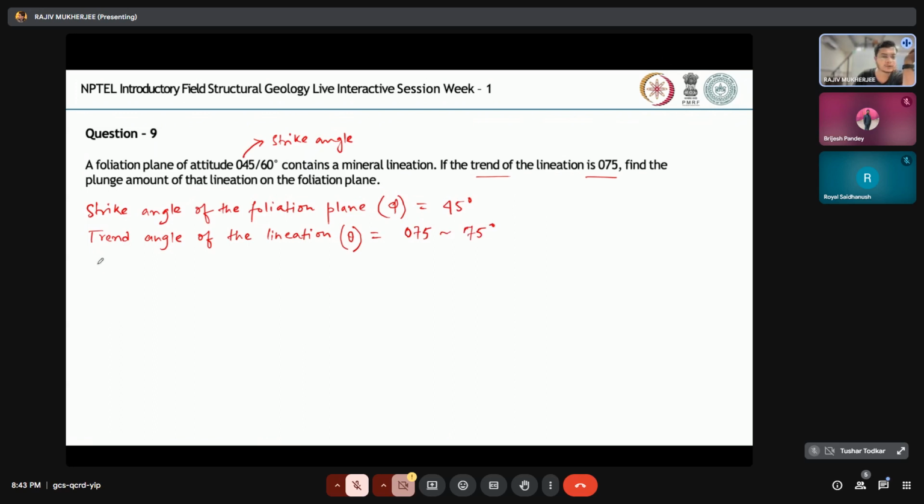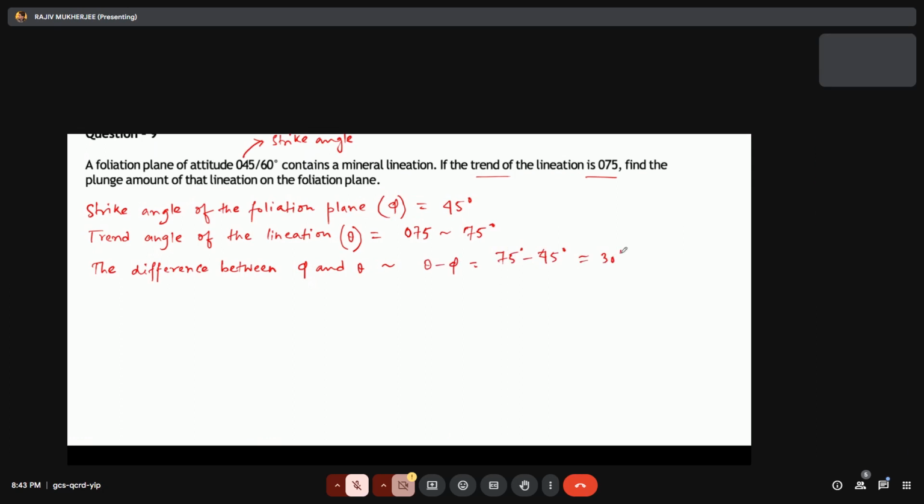Now we need to calculate the difference between phi and theta, which we can say as theta minus phi is equal to 75 degrees minus 45 degrees, and that is 30 degrees.